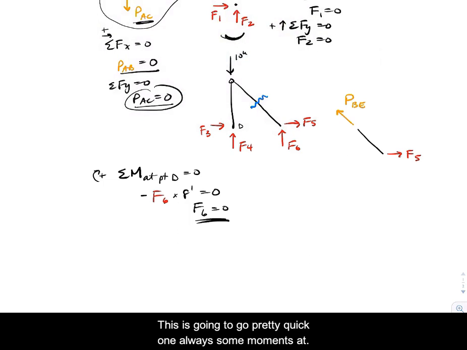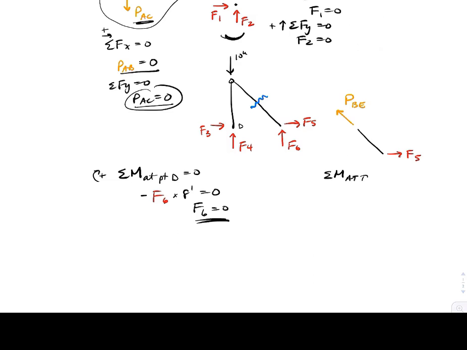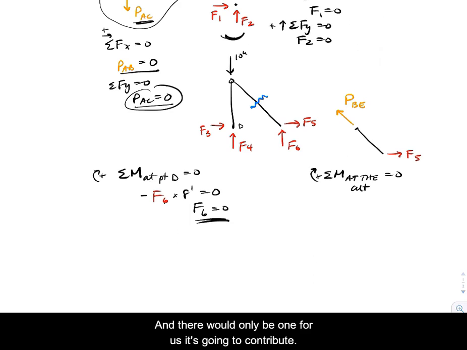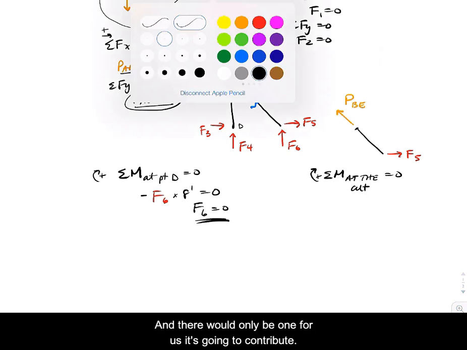And this is going to go pretty quick. Why don't we sum moments at the cut? So we'll do it right there at the cut. And there would only be one force that's going to contribute.